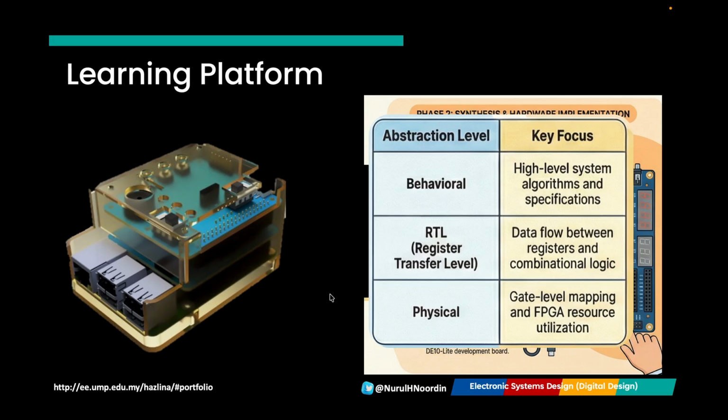And physical level, the final frontier, where your design is mapped to actual logic elements, routing wires and pins on the FPGA. From your first line of Verilog to the final timing-closed bitstream on the DE10-Lite and Lilacs 4, this program equips you with the full stack skills required for modern engineering. You aren't just coding, you are architecting silicon.